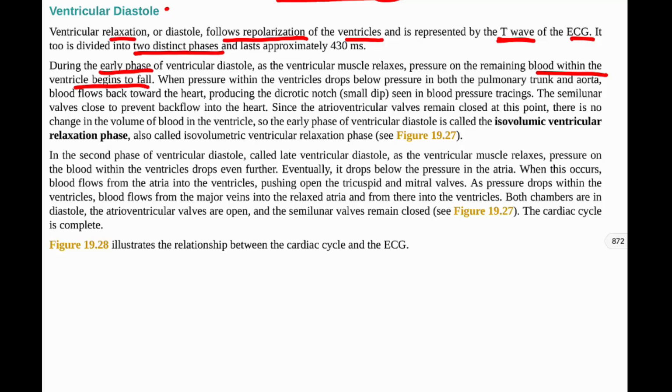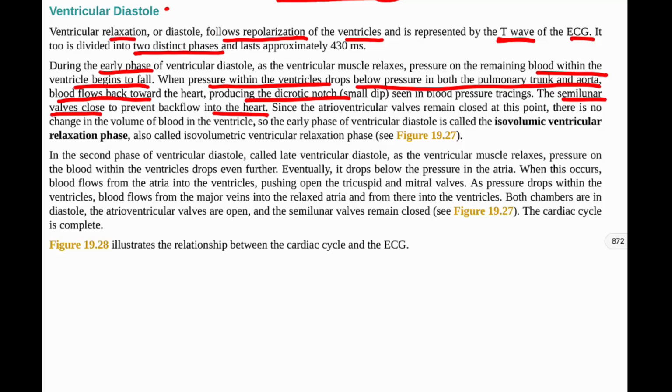When the pressure within the ventricles drops below the pressure in the pulmonary trunk and the aorta, blood flows back toward the heart, producing the dicrotic notch, or a small dip seen in blood pressure tracings. We see this little dip because the blood pressure is dropping, and it's going to be lower than in the aortic arch and the pulmonary trunk, and it flows back a little bit. The semilunar valves then close to prevent backflow into the heart.